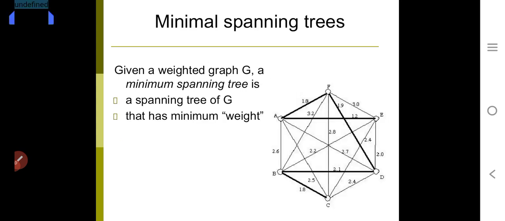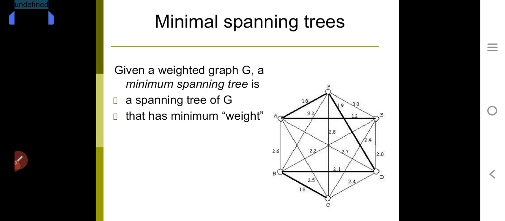Then, how to find the minimal spanning tree? It is based on the weight of the graph being calculated. First, we have to weight the graph. That means we put values on each edge in the graph, and make the minimal weight along the pairs of vertices.